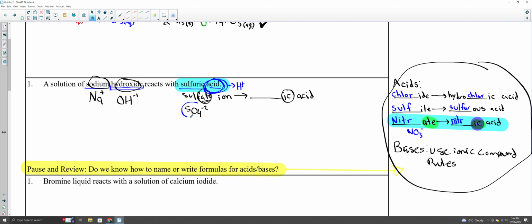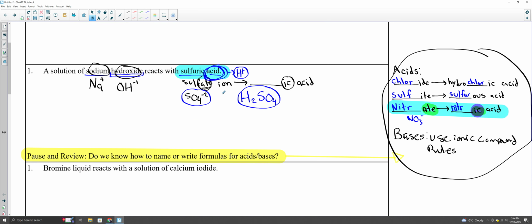So, of course, we've got to use our sulfate ion and our hydrogen ion to make this acid. So the charge of sulfate is -2. The charge of a hydrogen ion is +1 in this case. So how many hydrogens do we need? Well, that means that we need 2 hydrogens, H2 +1, and then another +1 to balance out with the SO4 -2, right? And so there's our sulfuric acid.